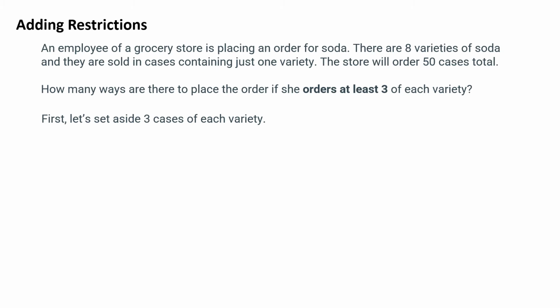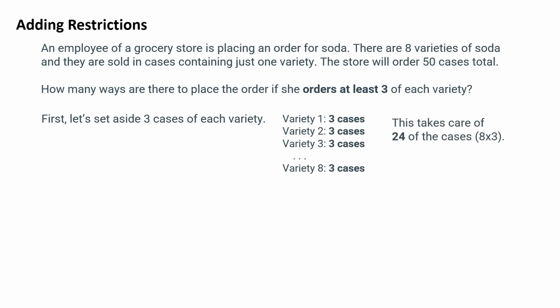And then how many ways of making that choice? So if we have 3 cases of each variety that she's taken aside, and there's 8 varieties, then that takes care of 24 of the cases. And remember, she's only ordering 50. So that means 24 of these are going to already be chosen because of this restriction.